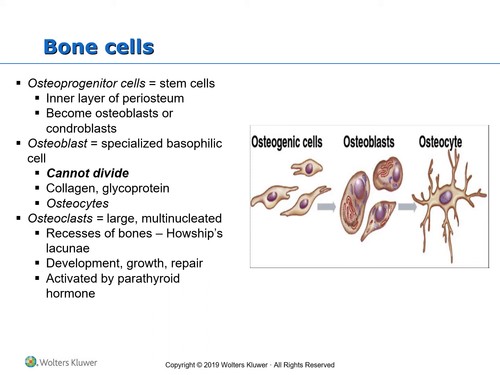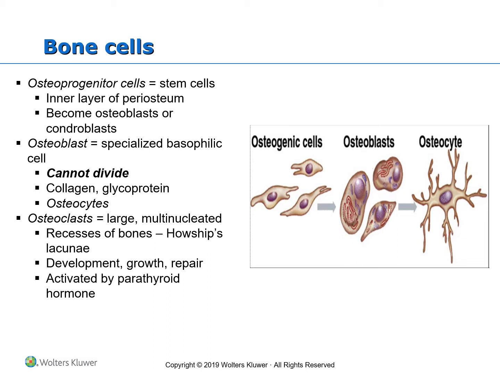So at the level of the bone, we'll have some cells that are very similar to the stem cells, but they look and they function as bone cells, and they are called osteoprogenitor. They are able to become cells involved in the process of building bone. And we find those mainly at the inner layer of the periosteum.